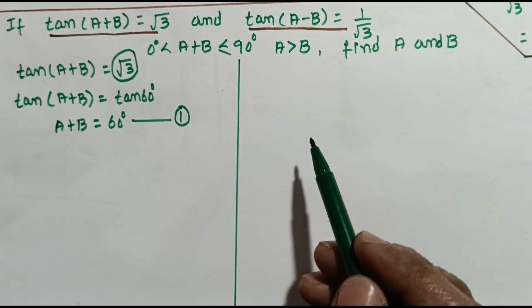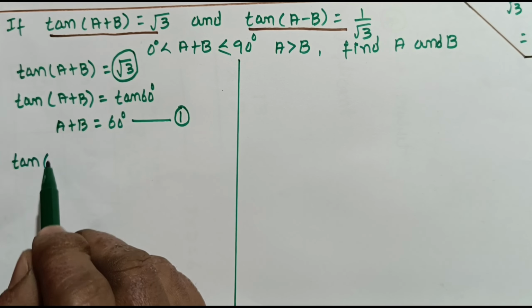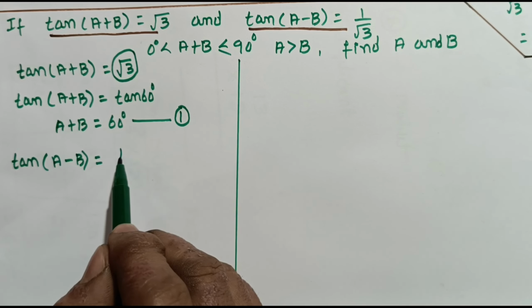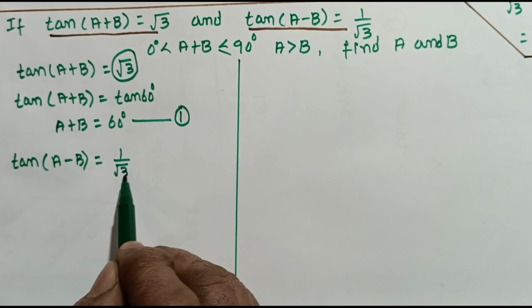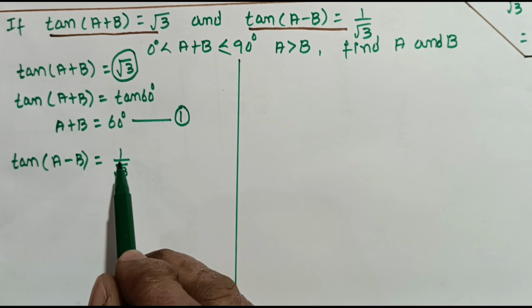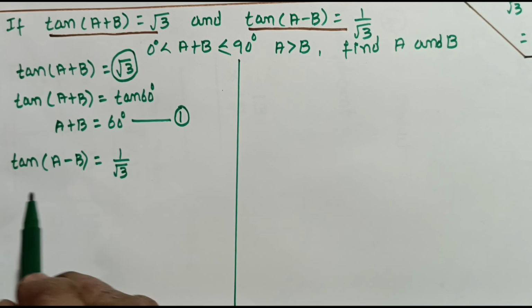This is what I call equation number 1. Now I will take the second expression. Tan(a - b) equals 1 by root 3. From the trigonometric table, 1 by root 3 is equal to what angle?